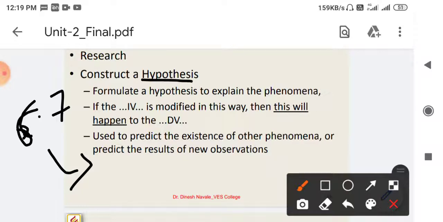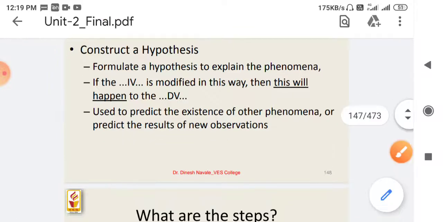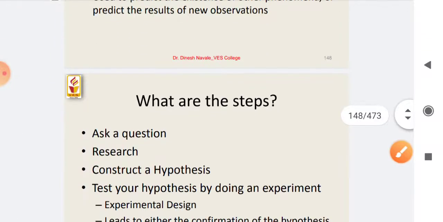Suppose that due to some pollution in the given village, I might get a higher concentration of acid. Due to those acids, the results are quite low, in the sense the pH will be low due to the acidic conditions of the soil or some other parameters. So I can predict that result also under the hypothesis.